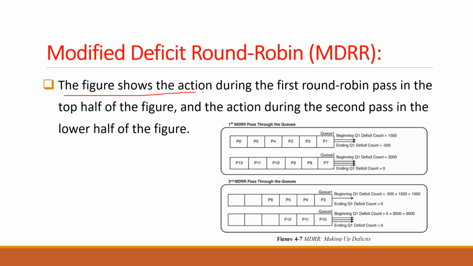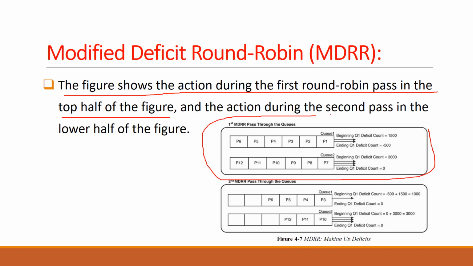The figure shows the action during the first round robin pass in the top half of the figure, and this is the second round robin pass.